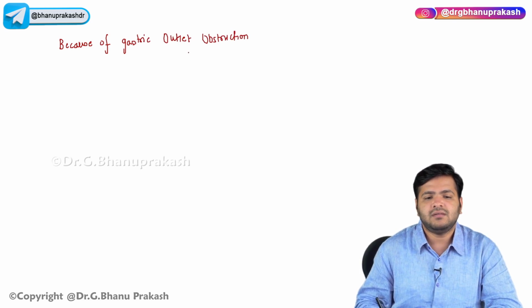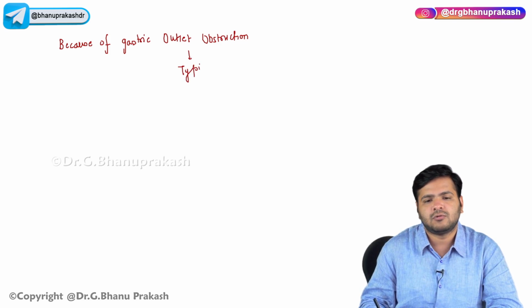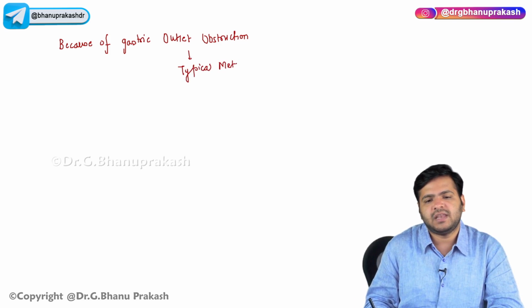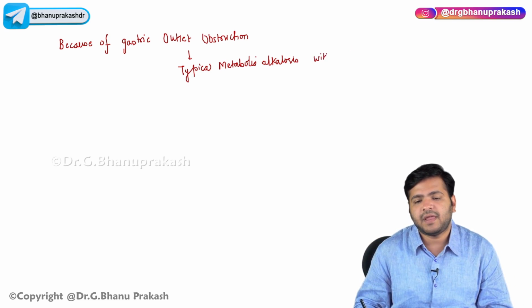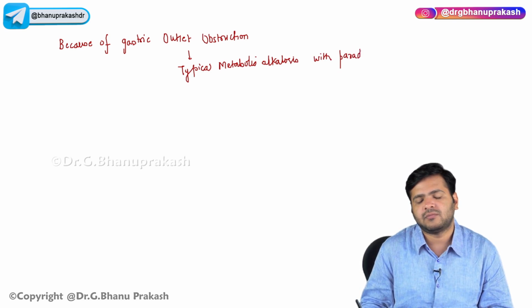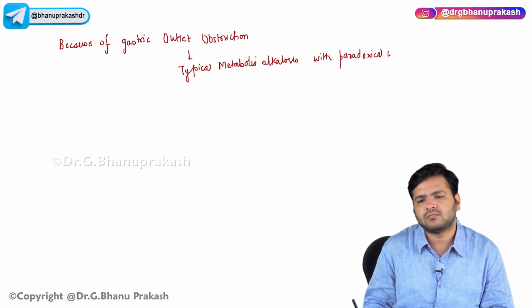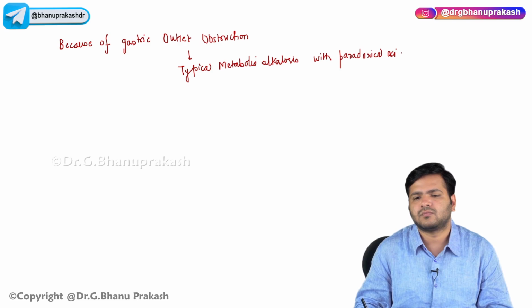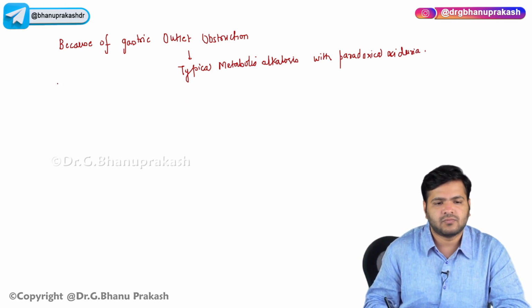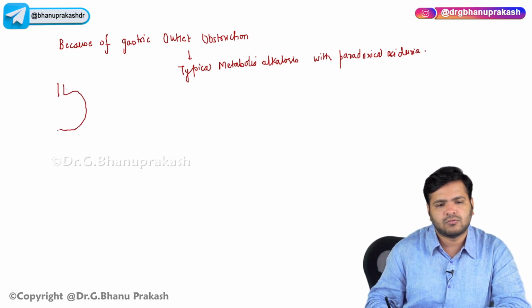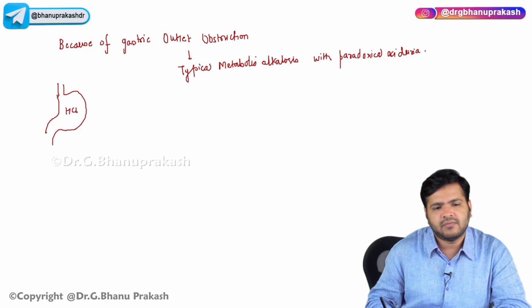Now what will be seen? Typical metabolic alkalosis will be seen, right? Typical metabolic alkalosis will be seen with paradoxical aciduria. Now if you see, suppose this is the HCl, right?